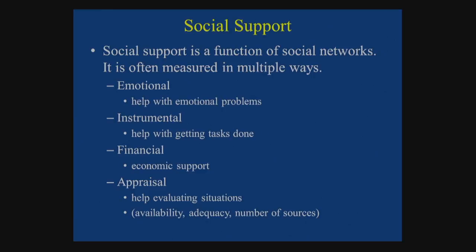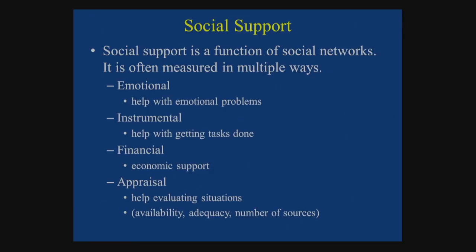So now I want to talk a little bit about social support so you understand the difference between social networks and social support. Social network measures describe the structure of a network. Social support is a function of social networks. And as I said before, it's often measured in multiple ways: emotional, help with a problem; instrumental, help getting tasks done; financial, economic support; appraisal, help evaluating situations.